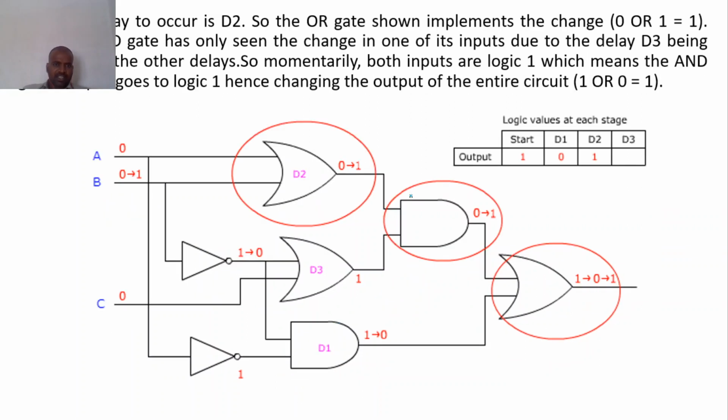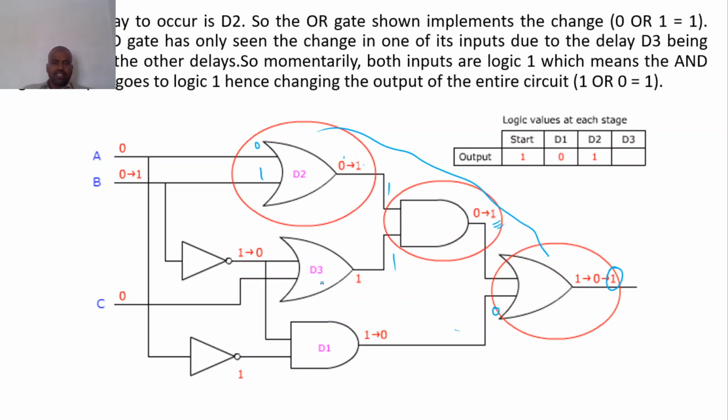The second transition is through this way. So have a look at this, 0 and 0 1. So now this is 1, this is 0. So 0 1 in the OR gate. Previously it was 0, now it is changed into 1. So here 1 will come, here 1 will come. So 1 1. Now it is changed into 1. So here 0 is there. So 1 0. Now it is changed into 1. This is the second transition.